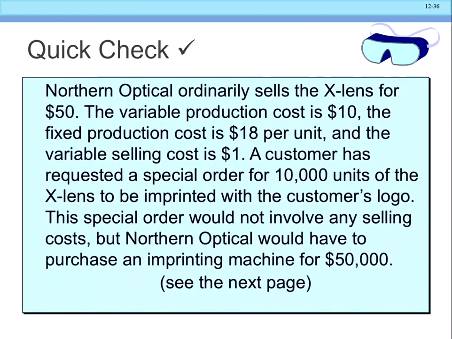Then we also have fixed production cost of $18 per unit. But these are fixed costs, therefore they do not change between alternatives. Remember, fixed costs do not vary with the units. So these additional 10,000 units are still going to be on the same fixed costs that are affecting the current production. Therefore, for this decision, they are irrelevant.